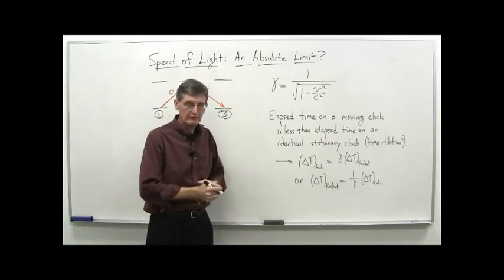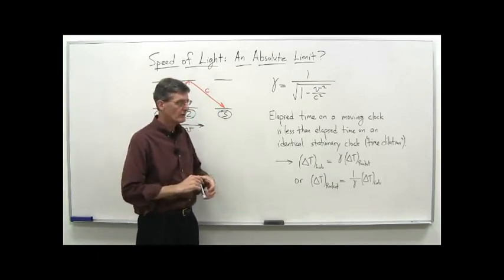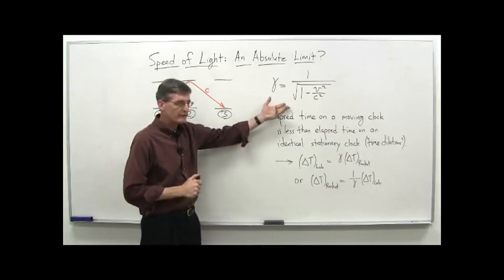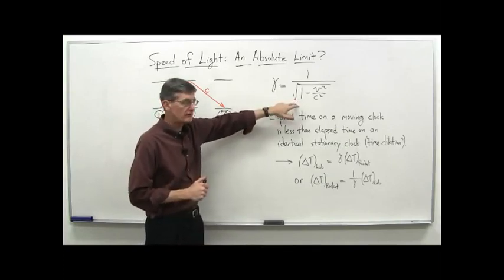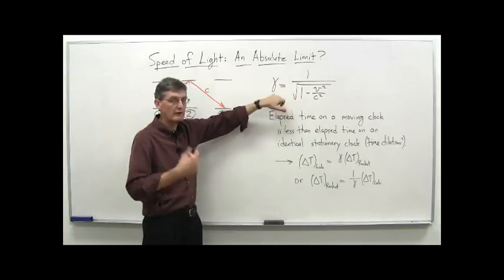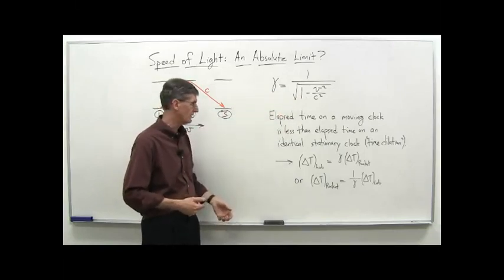The theory ran into some insurmountable problems and was eventually discarded. But for our purposes, the gamma factor, the Lorentz factor, indicates you can't get up to c. You can get close to c, in which case gamma becomes very, very large, but you can never quite get to c because then it becomes infinite.